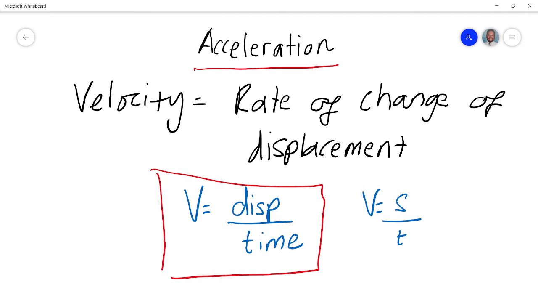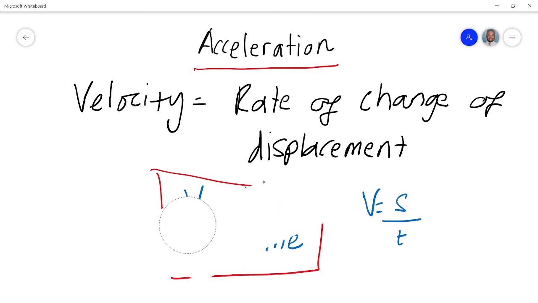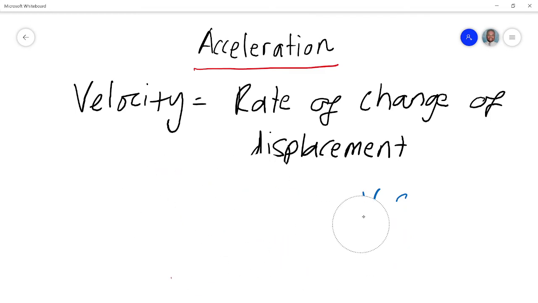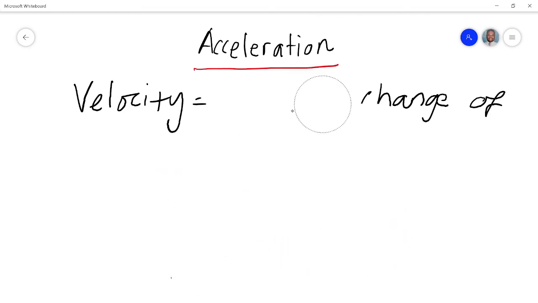When we look at acceleration, we look at a concept called velocity. So we've defined what speed is, what velocity is, and how distance and displacement are different. Let's visit acceleration, which was the purpose of my lesson today.